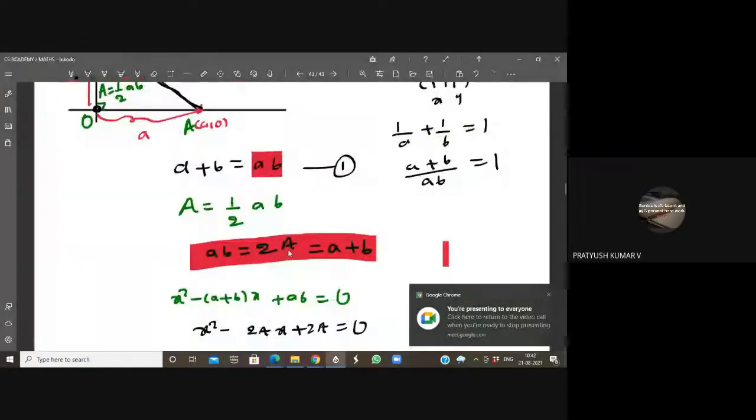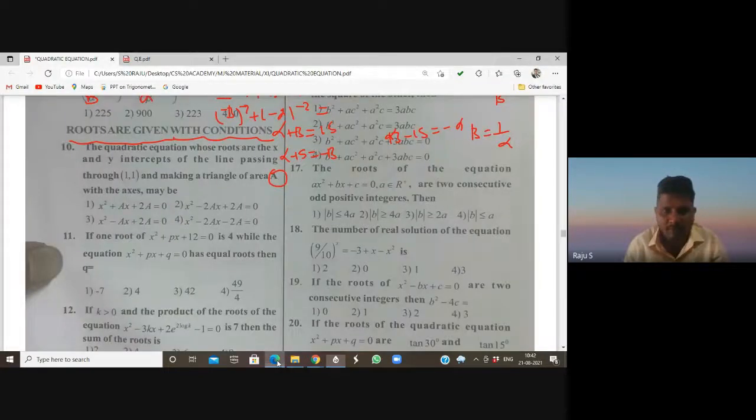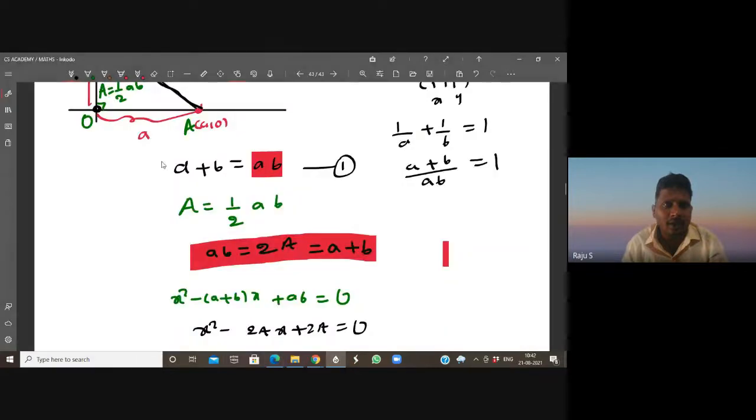Students, clear? Sir, can you explain again? Yes, fine. Once again, the question is: the quadratic equation whose roots are the x and y intercepts. What is the x intercept?